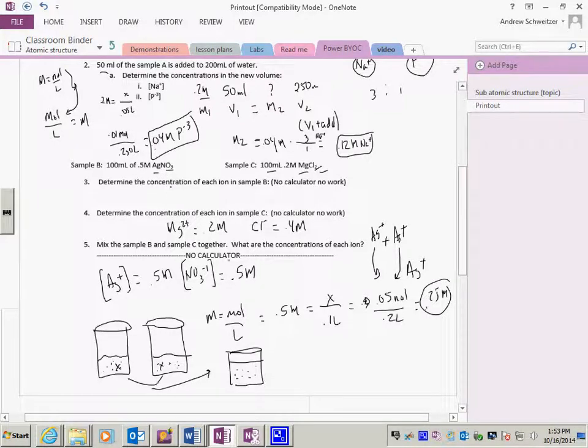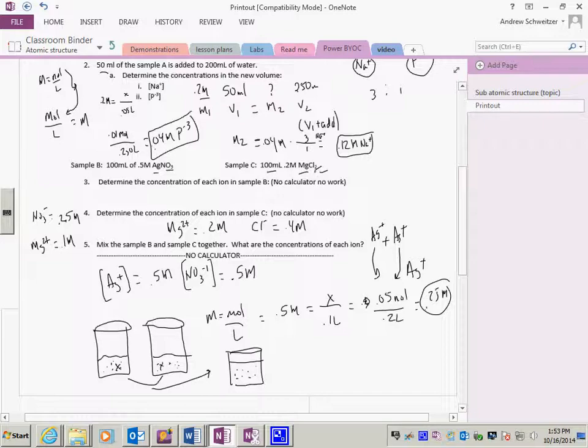The nitrate would also be the same. NO3, I'm going to put it on the side here. NO3 minus would then just drop in half to 0.25, the same as the silver. The magnesium is normally 0.2, but it gets cut in half to 0.1 molarity.